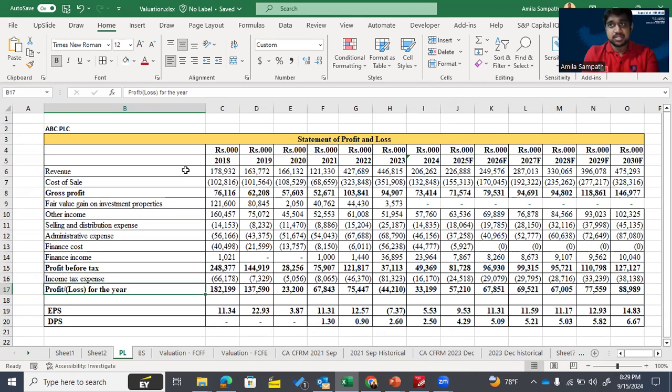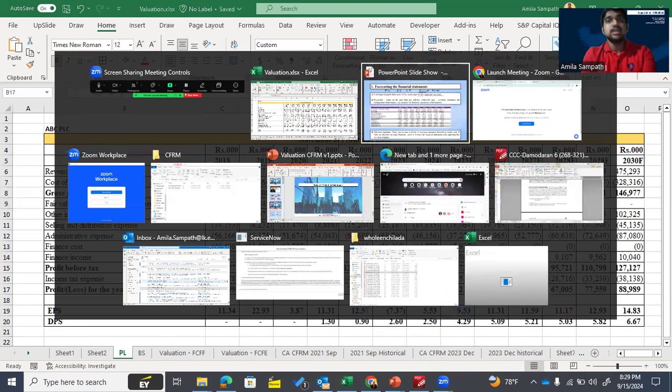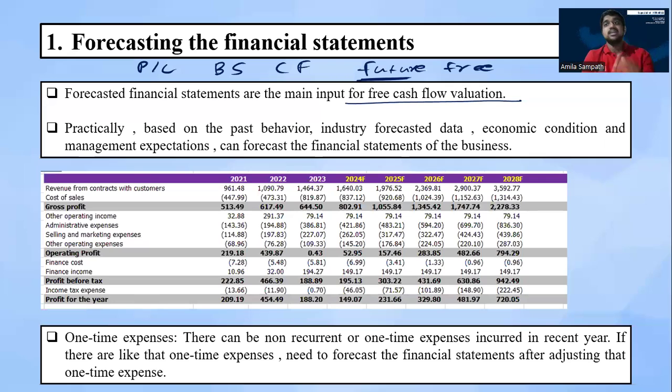But the main thing you need to keep in mind is that we need to forecast all of these details based on the company's future plan, our past behavior, industry forecasted data, country economic condition and management expectation. We need to consider all of those things.